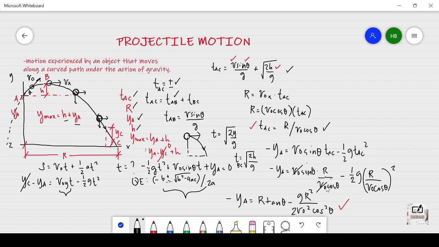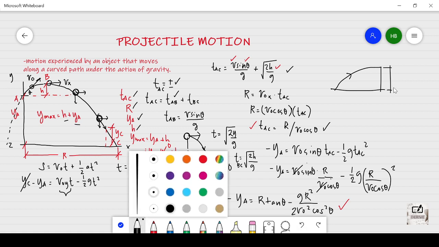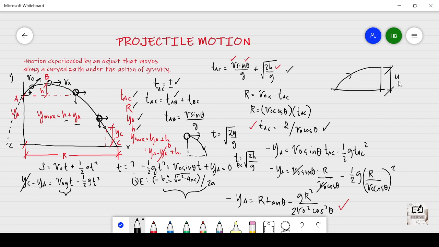Okay, sir, paano naman kapag baliktad? Kapag galing naman sa ground, pinukol mo yung nasa building. So height of YA, I'm sorry guys, nag-automatic shape. Yan, YA. So ang ano lang dito guys is gawin mo lang positive tong YA.